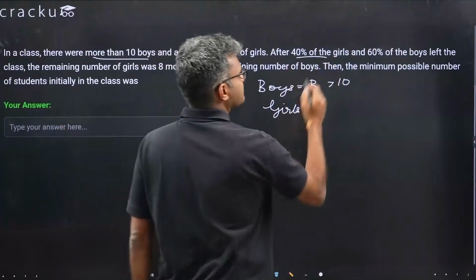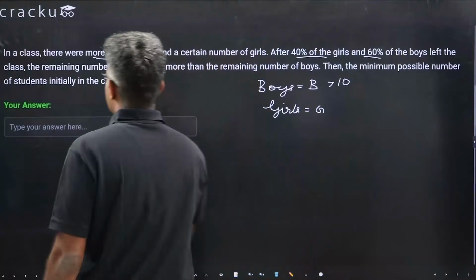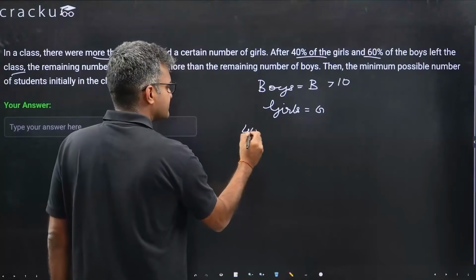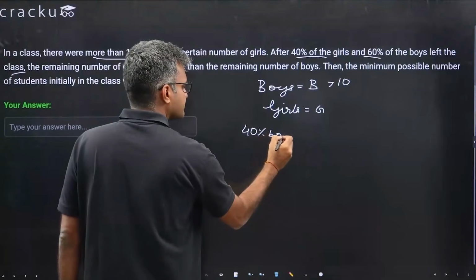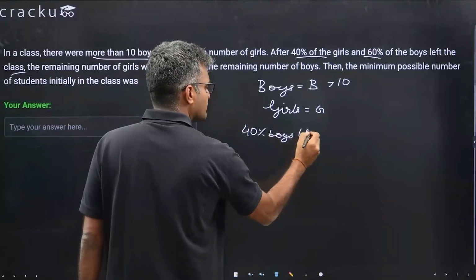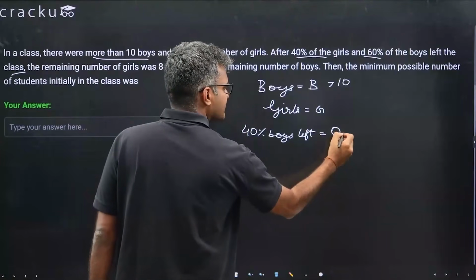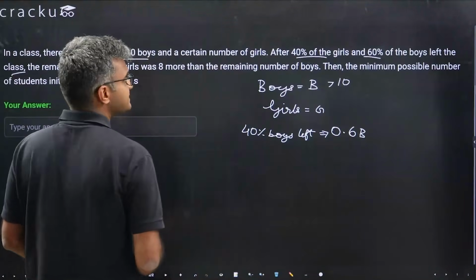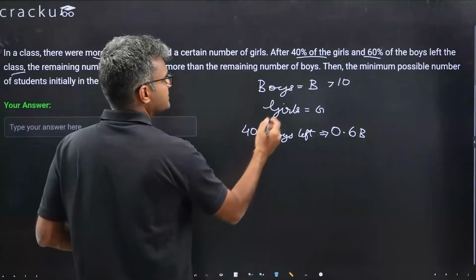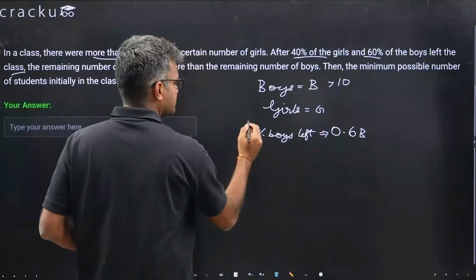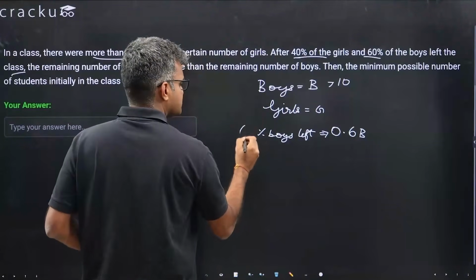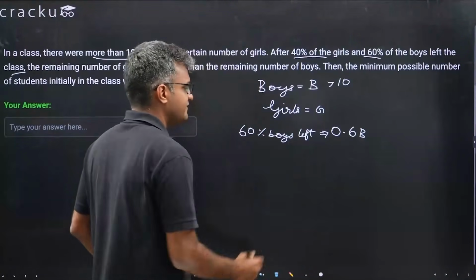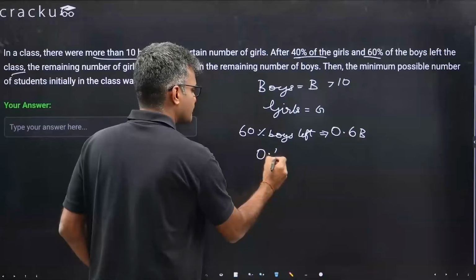After 40% of the girls and 60% of the boys left the class, 60% of the boys left, that is 0.6B have left. So remaining is 0.4B.